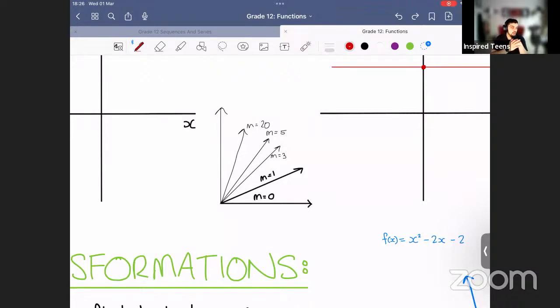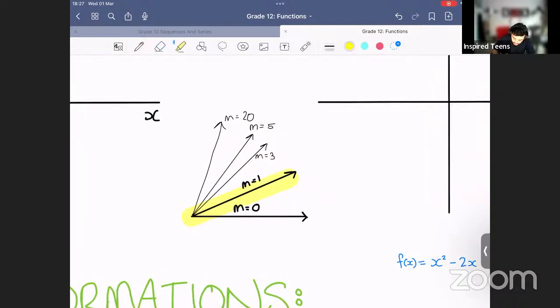Okay, 0? No, it's not 0. 1? It's not 1. We specify it as undefined. The reason is, we can have a look at this diagram. As we're increasing our slope, we're going from 1 to 3 to 5 to 20.